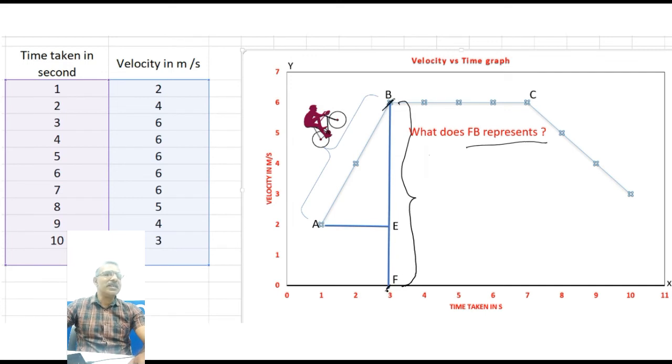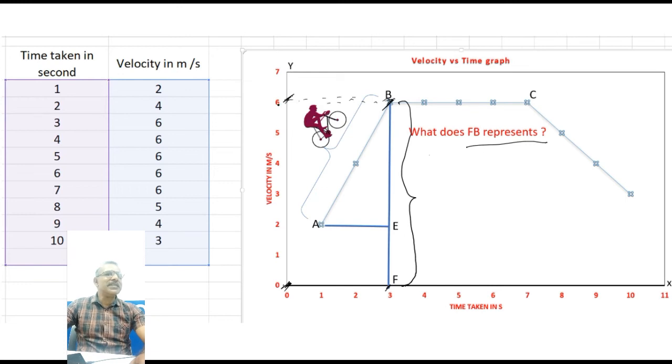Now whatever FB is, that can be understood when you see the corresponding values of the y-axis.